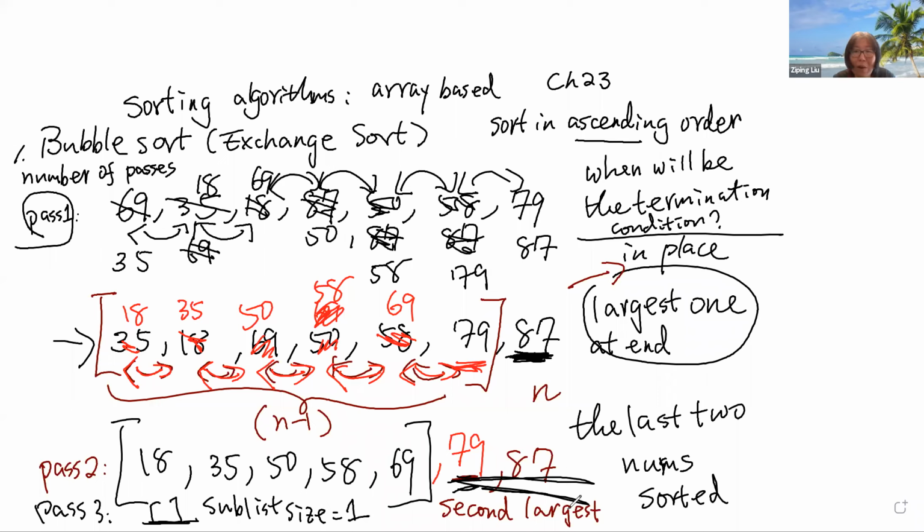Okay, and then let's come back to what I believe Alex has just answered. The other termination condition, let's take a look at this specific case. Is there any swap needed? No. Any swap needed? No. Any swap needed?